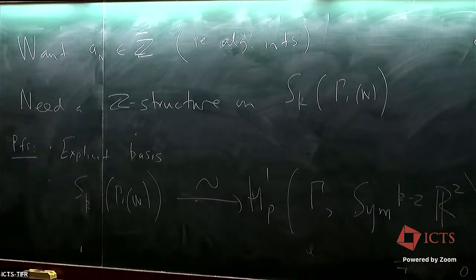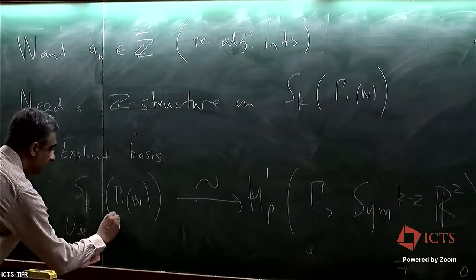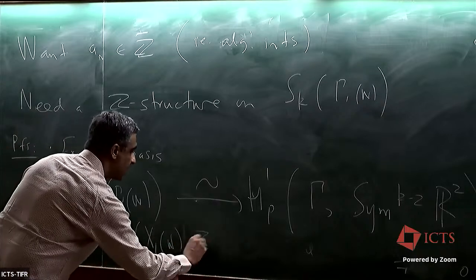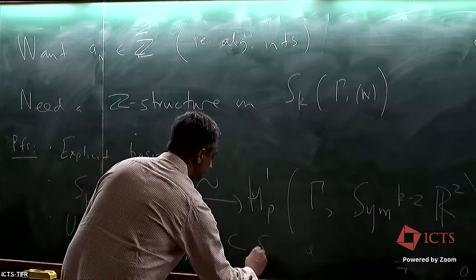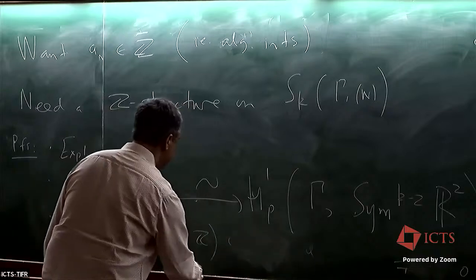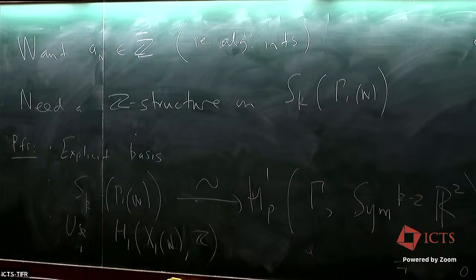And the third proof is using Jacobians. Let me not write too much because I want to do this in detail next time. Use the first homology group with Z coefficients.